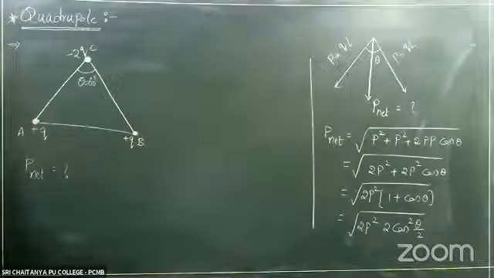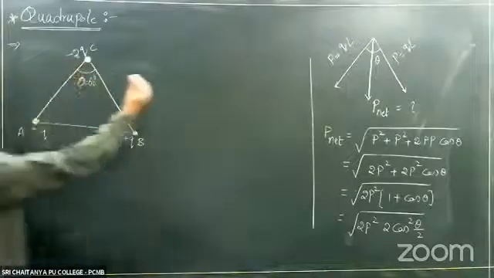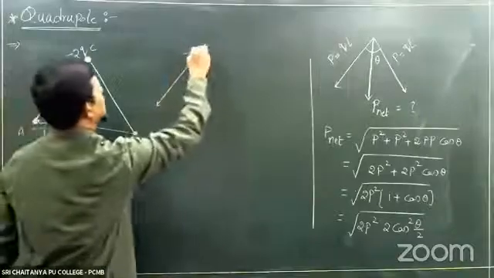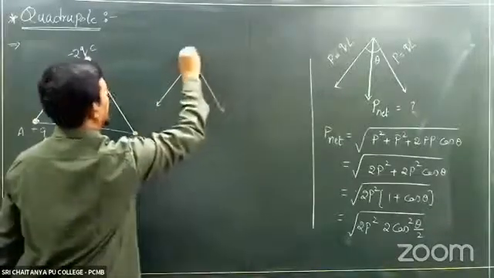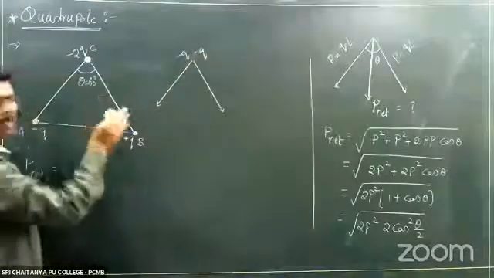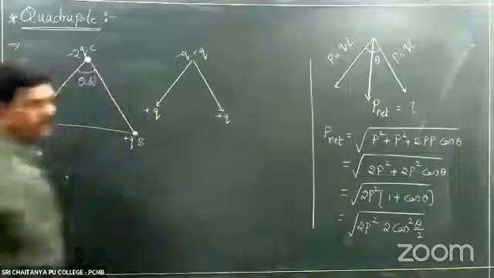What did I say? Minus 2q can be split up into minus q, another minus q. Here is plus q, here is plus q.